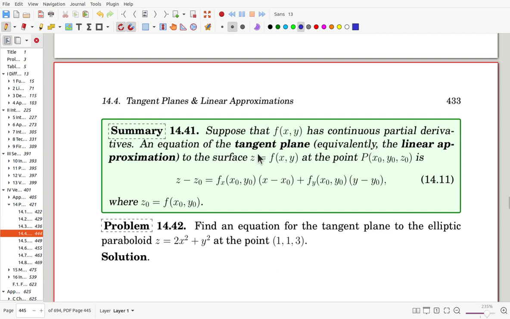An equation of the tangent plane, sometimes called the linear approximation, to the surface z equals f of x, y at the point is given this way: z minus z0 equals f sub x, the x directional slope, times x minus x0, plus f sub y, the y directional slope, times y minus y0. That's an equation of the tangent plane.